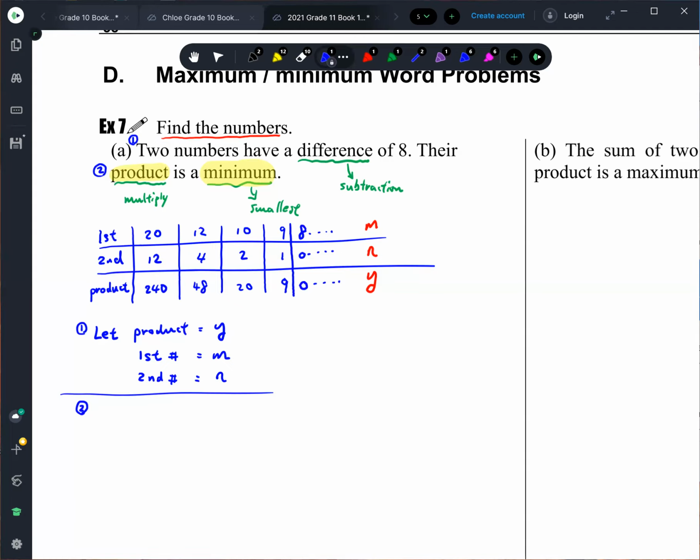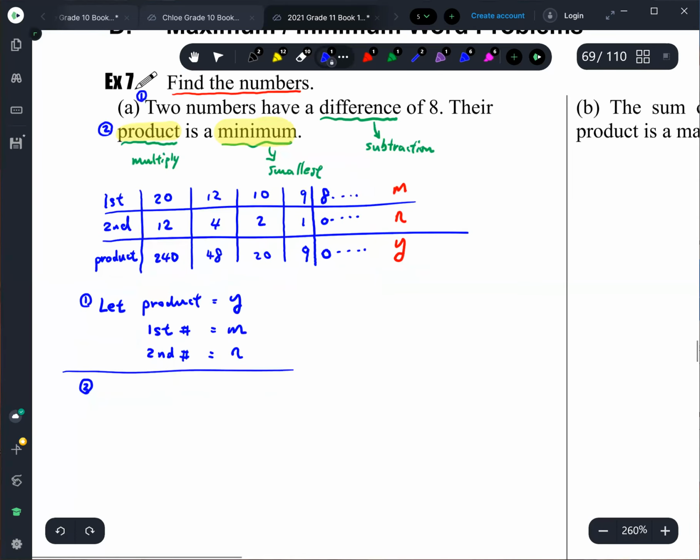So now how do we set up the quadratic function from here? We just follow the sentence, follow the question. It tells you that their product, which is Y. Let me try one more time. Product, I'll write the words, so you know where it comes from.